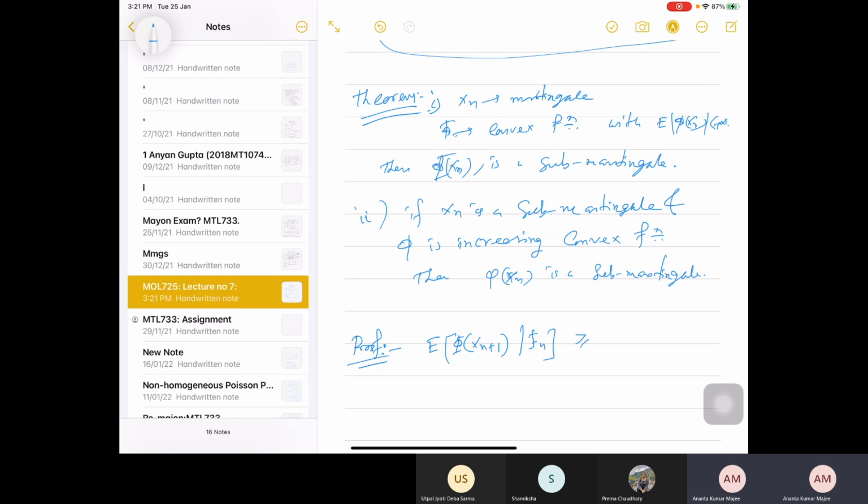Now phi is convex, so Jensen's inequality for conditional expectation says this is greater than or equal to phi of the conditional expectation of Xn plus 1 given F of n. Is it not? This is by Jensen's.